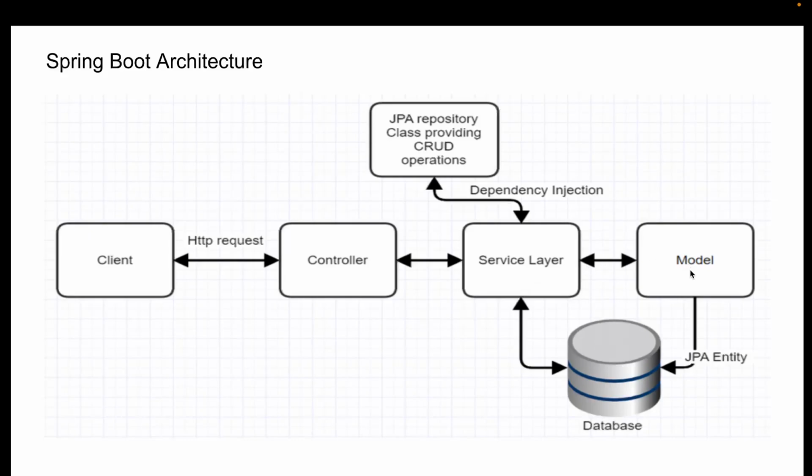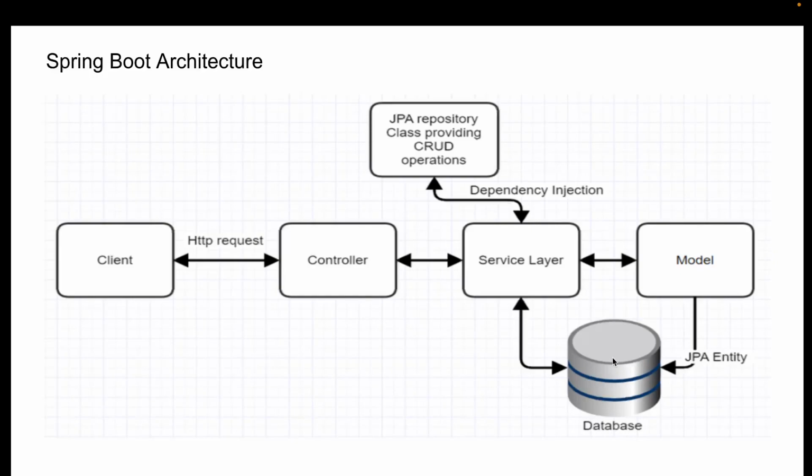So it creates a model. This service layer also creates a model, and this model is basically the data that will be sent back to the client. And while the service layer is talking to this database, there are some operations that will be performed.